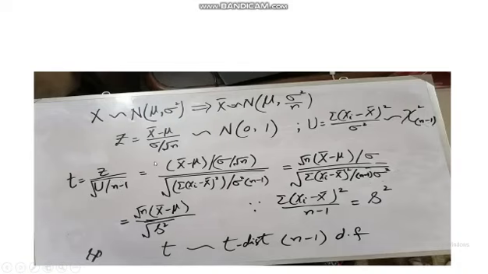Simply solving this equation, putting in the values of Z and U and simplifying, we get this result. We have converted summation xi minus x bar whole square over n minus 1 into s square, as we know that is the formula of variance with degrees of freedom n minus 1. This is the particular value of t which follows the t distribution with n minus 1 degrees of freedom.